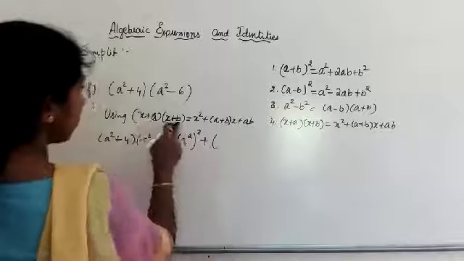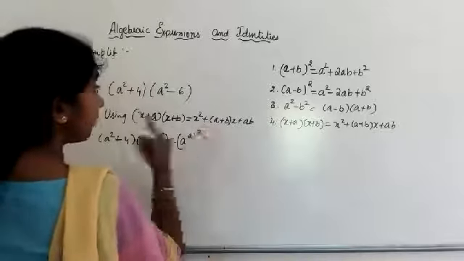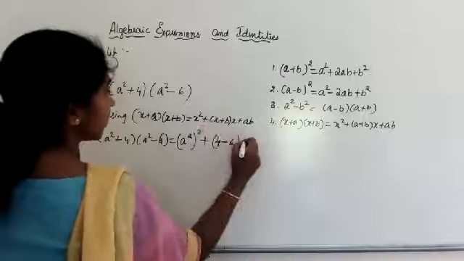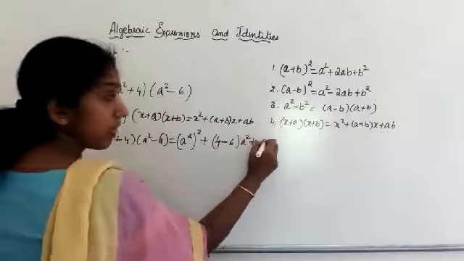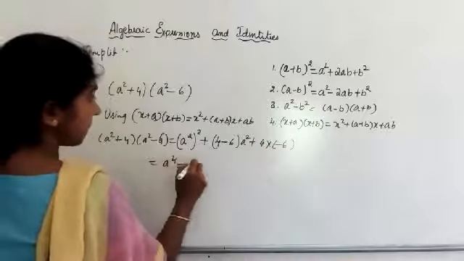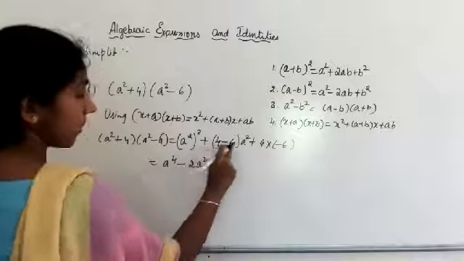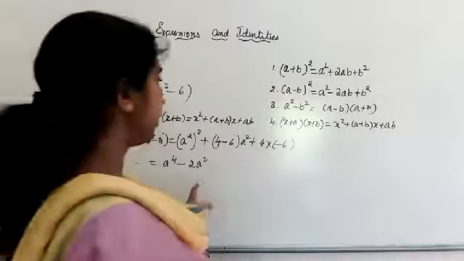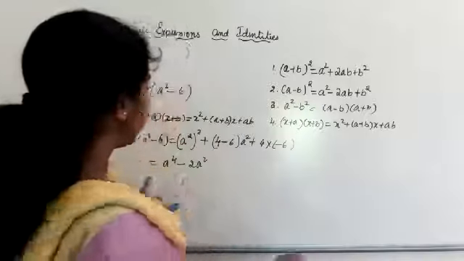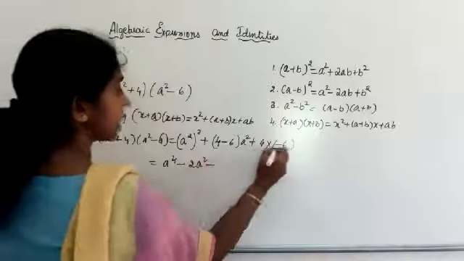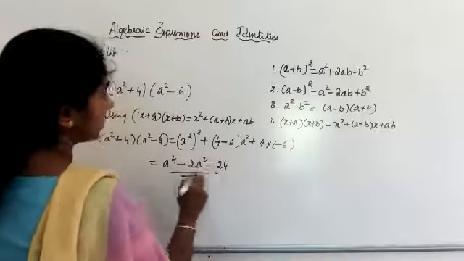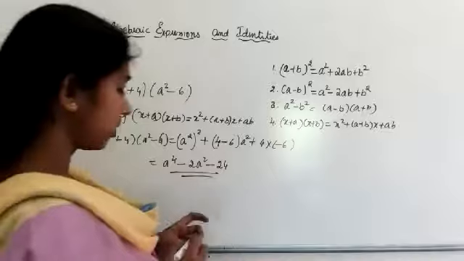A is 4, b is minus 6. What is your x? X is a square. So we have a to the power 4 plus 4 minus 6 into a square. Integer subtraction 4 minus 6 is minus 2. So minus 2a square, minus the integer multiplication, 4 sixes are 24. So this is the final answer with the fourth identity.